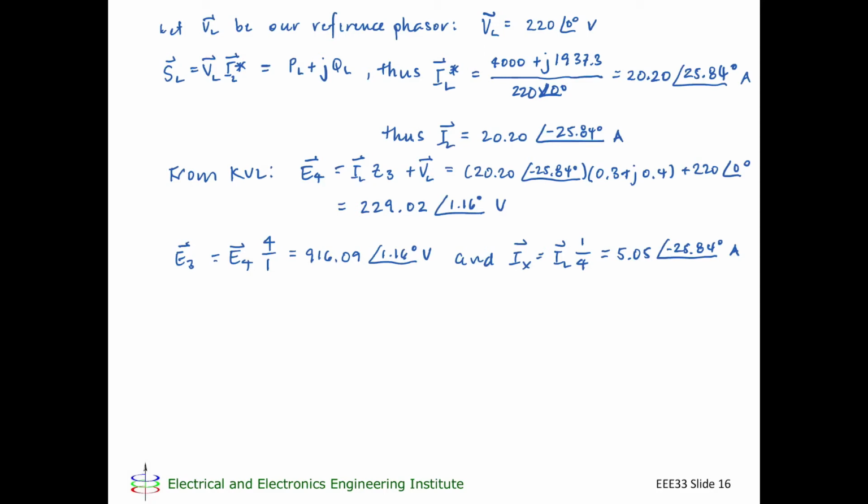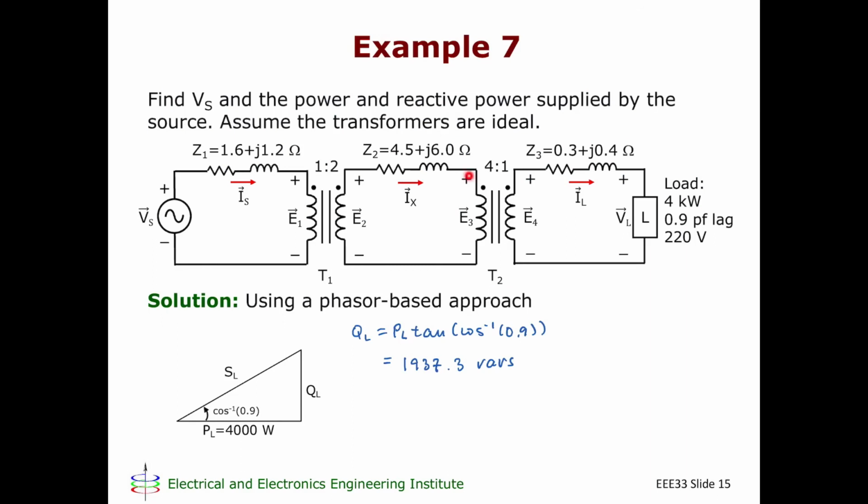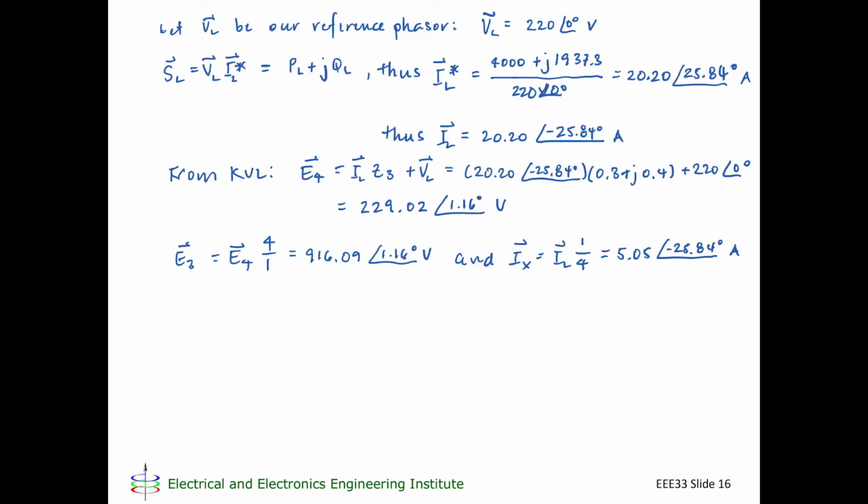So I now know E of 3 and I of X. I can now use KVL again to compute E of 2. From KVL, E of 2 is equal to I of X Z of 2 plus E of 3.